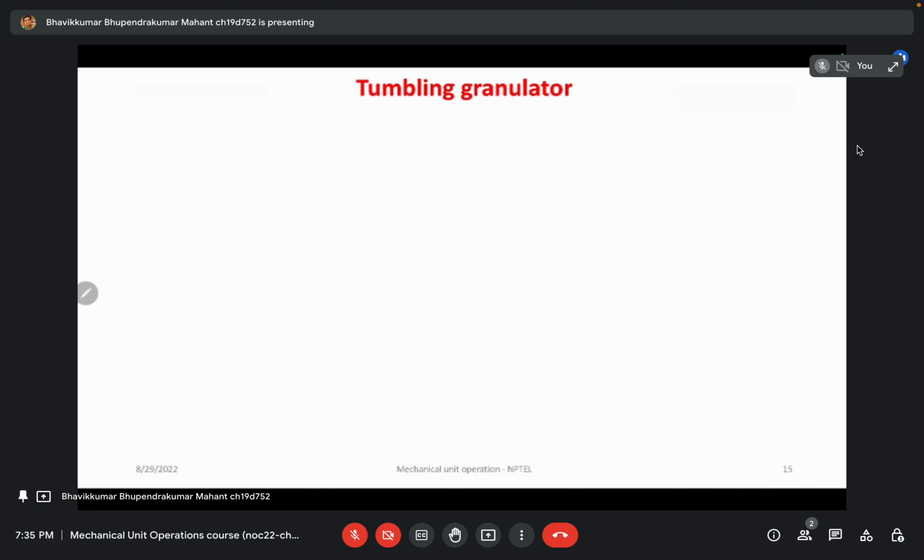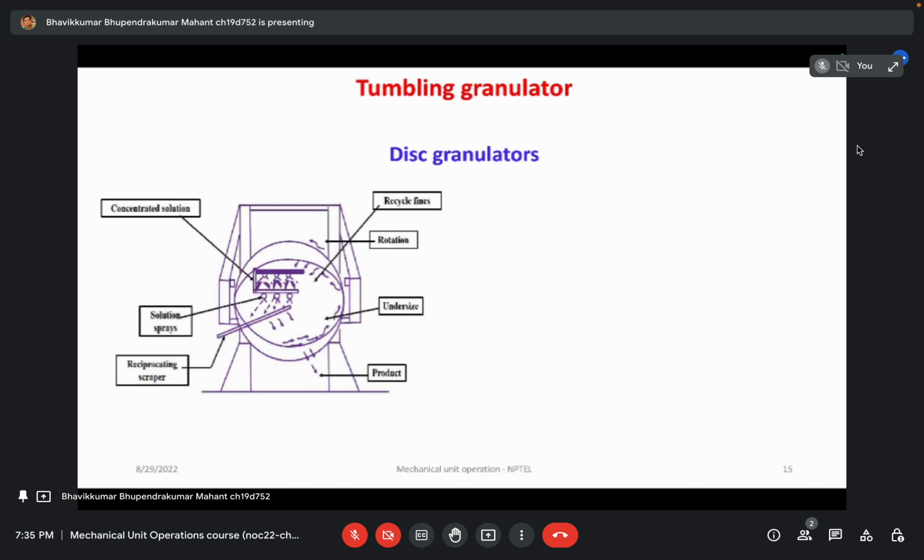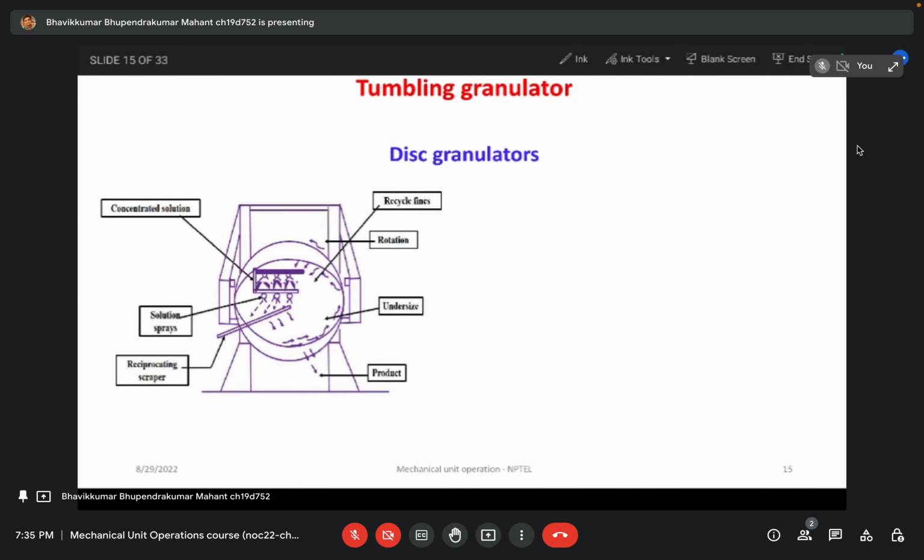Now we will go into a little detail of some kinds of granulators, because it may be helpful for solving some of your assignment problems. Tumbling granulators are basically of two types: disc granulators and drum granulators. If we talk about the disc granulator, as you can see here, this is the whole picture of the disc granulator.